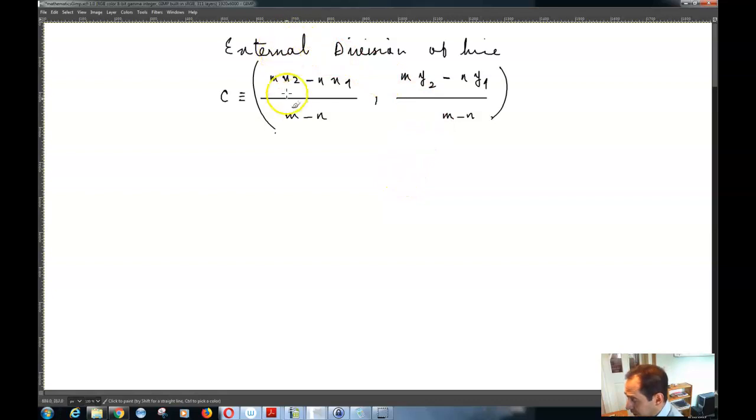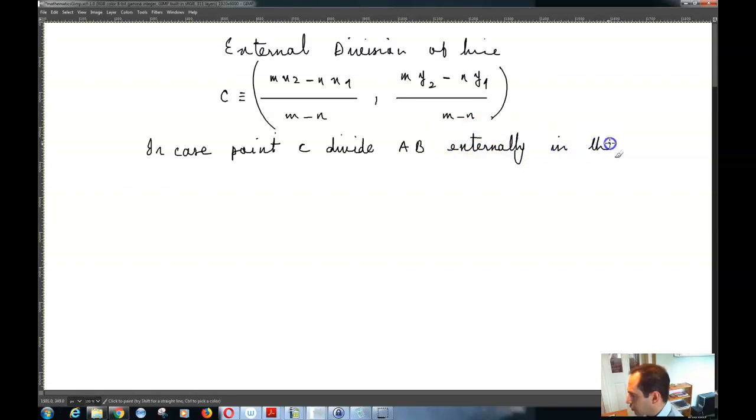So this is the case, this formula, you can use it in case the point C divides AB externally in the ratio m to n.